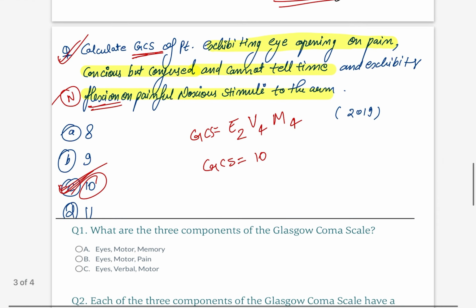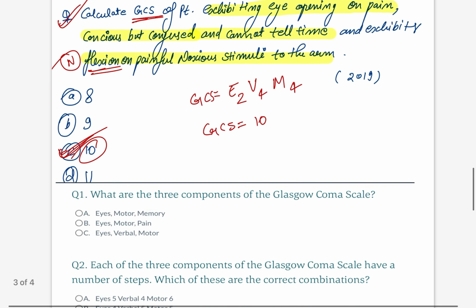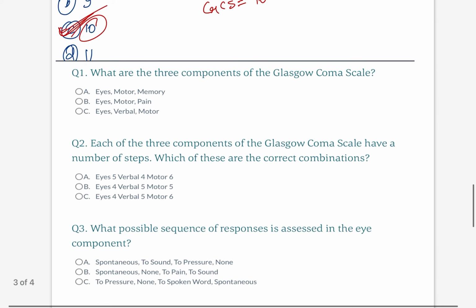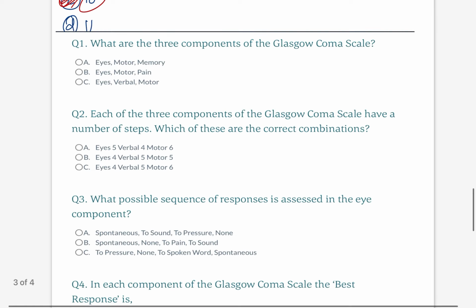It's so easy, right? And this question already came in FMG 2019. So let's try another question here. These are easy, I think. We already learned all things. So I think these are all questions which are easy for us, right? What are the three components?